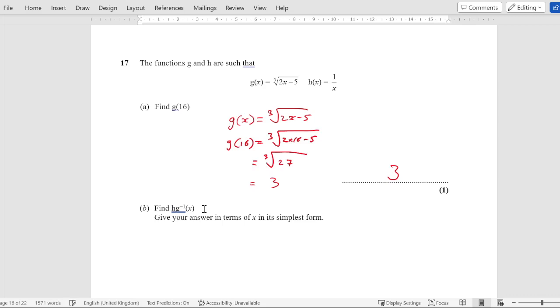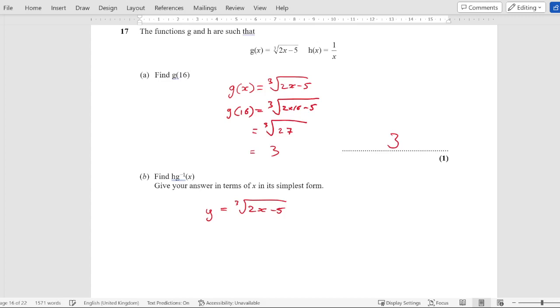So if I start by looking at g, instead of a function, I'm going to call it y. And then I'm going to rearrange to make y the subject, and that's the equivalent of taking the inverse. It's just a neat way of doing it.